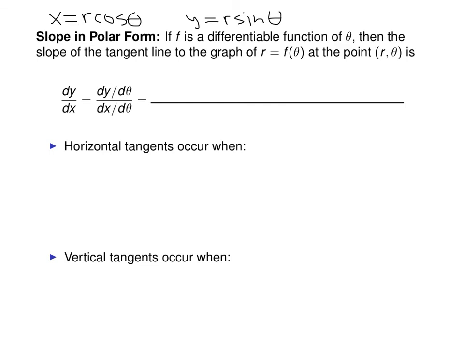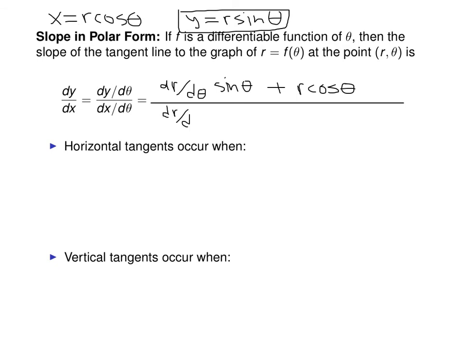So dy d theta, we differentiate y using the product rule. So the derivative of r is dr d theta, whatever that might be, times the sine of theta, plus r cosine theta. And now the derivative of x, so x is r cosine theta, that will be dr d theta cosine theta minus r sine theta.